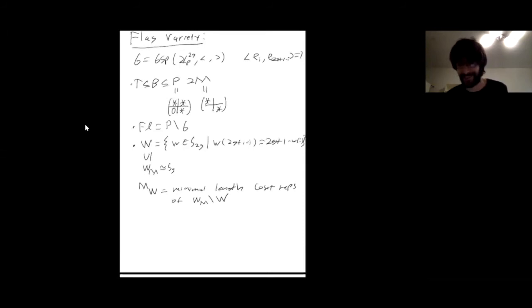But I am. Sorry if that's confusing. I mean, the point is it doesn't matter in some sense, but we want B to be contained in P. And maybe for some reason, at some points, Vincent likes to not take B to be the upper triangular Borel. Yeah, maybe I should have looked more carefully at what Vincent wrote in the notes. Okay, well, so far it hasn't mattered, right? Okay.